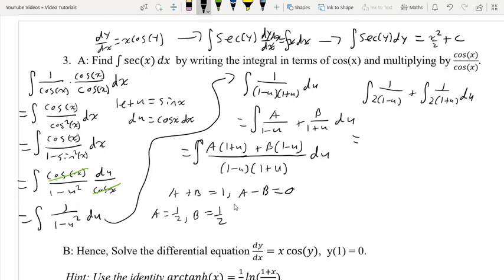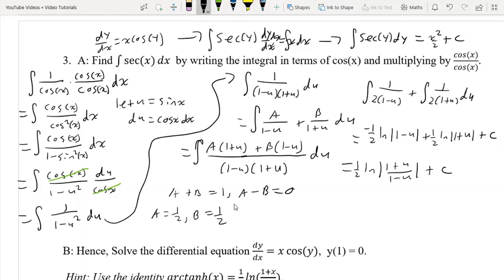So now this is fairly easy to integrate. We're going to get negative 1 over 2 ln of 1 minus u plus 1 over 2 ln of 1 plus u plus c. So now we can simplify this. This will be equal to 1/2 ln of 1 plus u over top of 1 minus u plus c.